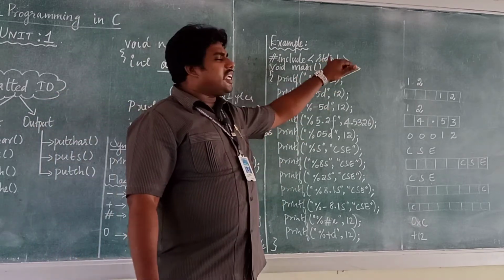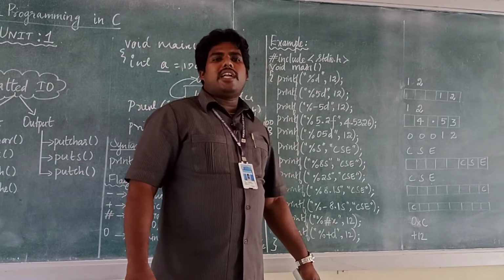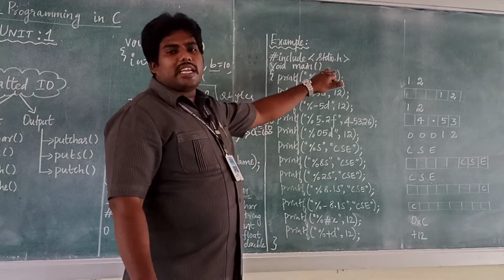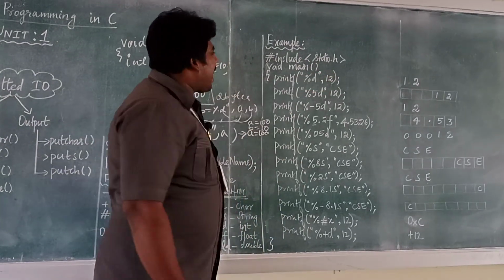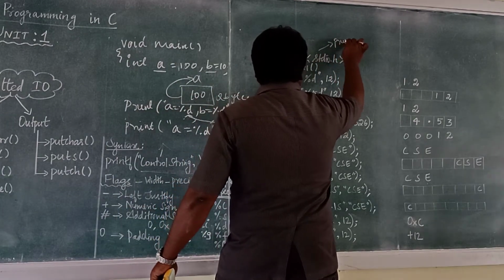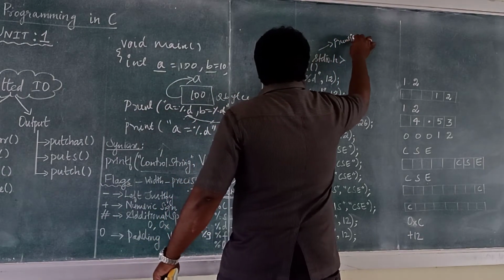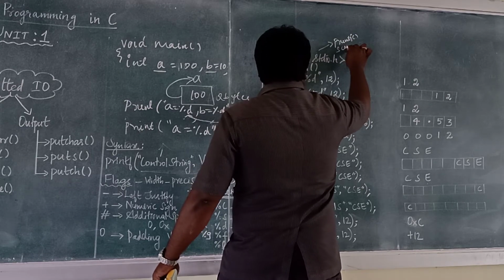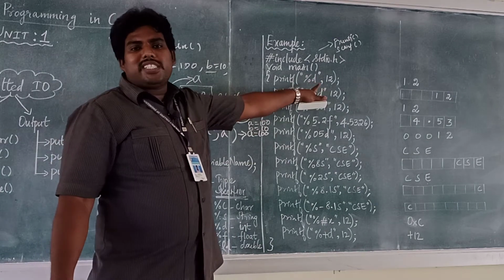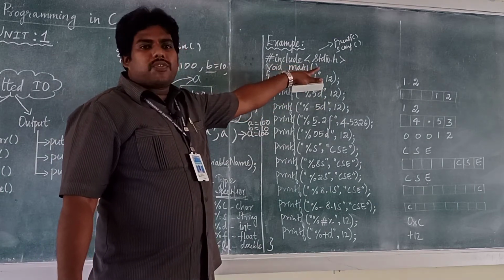So what is this stdio.h? Standard input output.h. Inside this standard input output only, your printf and scanf are there. So these two are predefined functions which are present inside a header file.